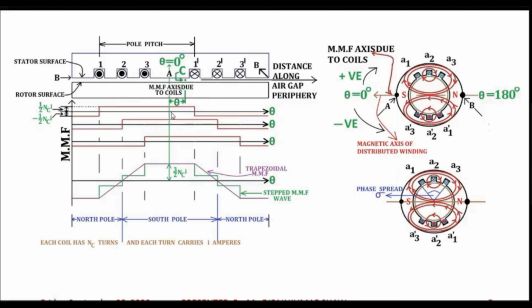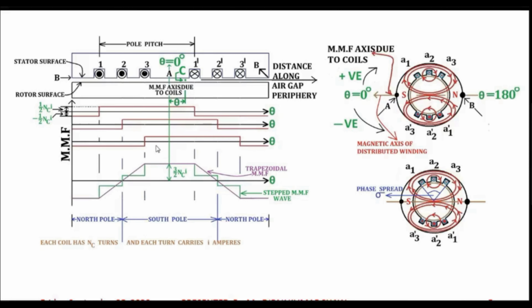So that way we have just drawn the MMF distribution for each of the three coils, 1 dash, 2 dash, 3 dash, and when we are drawing the MMF distribution for each coil, we are making the assumption that the other two coils are not carrying any current.